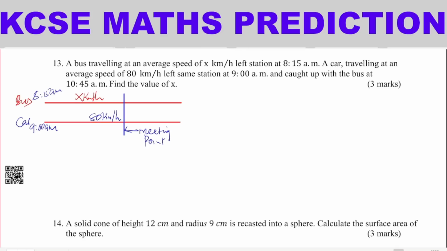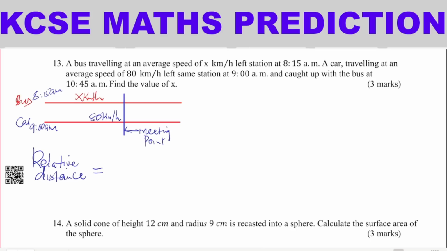Now to do that, the first thing we need to do is to get the relative distance of these 2 vehicles from the start of the journey to the meeting point. How do we get that distance between them? We are going to use the car, because we already know the speed of the car.